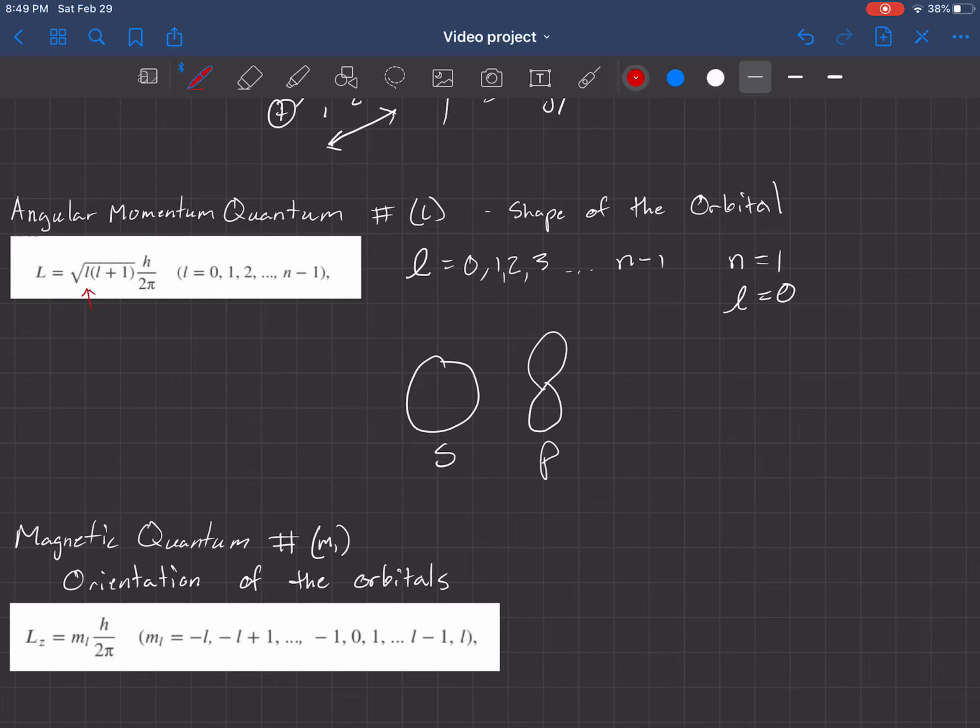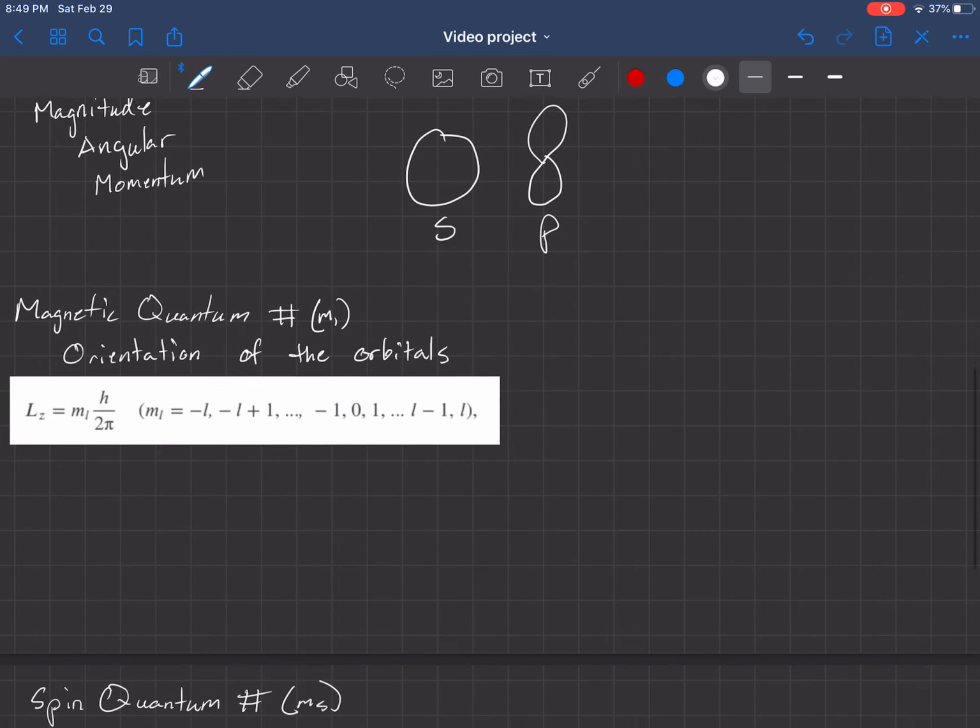This L here is in this equation, and it gives us the magnitude of the angular momentum. That L can tell us a great deal about how much energy is associated with this electron moving around.